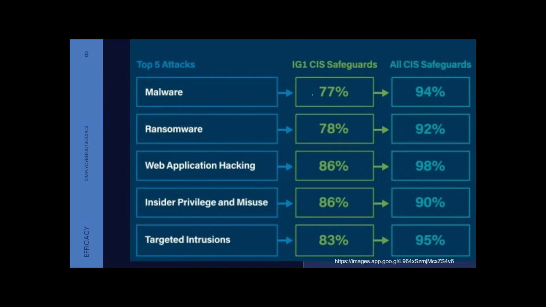So you shouldn't think of these things as linear, like, oh, if I do a third of the controls, I'll get a third of the risk reduction. It's not 1-to-1 in that capacity, okay? And if you go all the way on all CIS safeguards, on insider privilege and misuse, you only get 4% more, right? Again, with GRC, guys, it's a lot of money to buy technology. It's a lot of money.